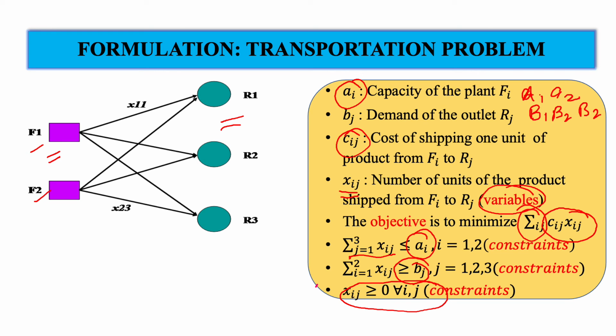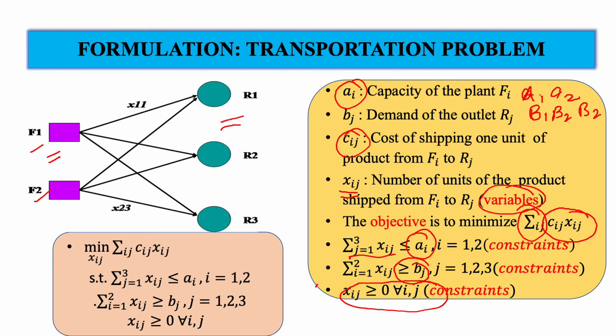So the optimization problem can be written as minimizing the cost subject to the capacity constraint of the ith plant, the demand constraint of each of the outlets, and then the non-negativity constraint.